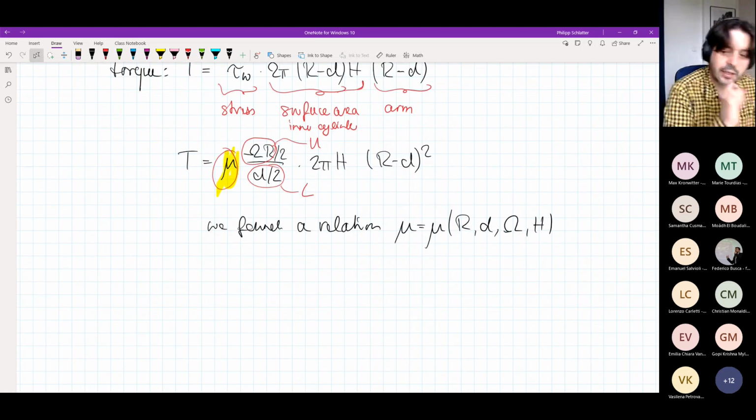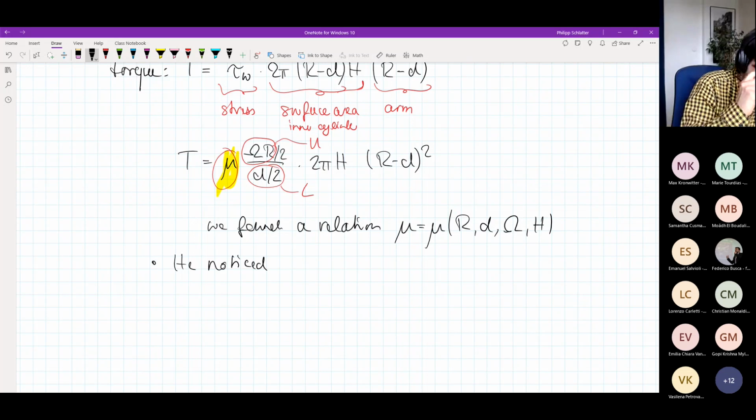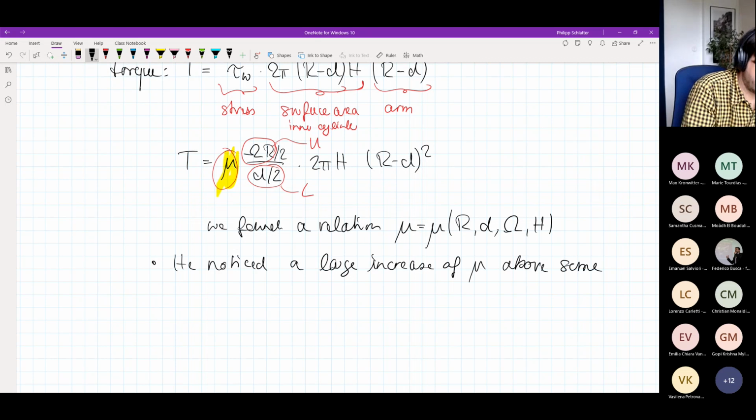What he actually did observe at the time, and that's quite interesting from a historical perspective, is that he noticed a large increase of the viscosity above some value of the Reynolds number, which could be defined as omega r d divided by the viscosity.